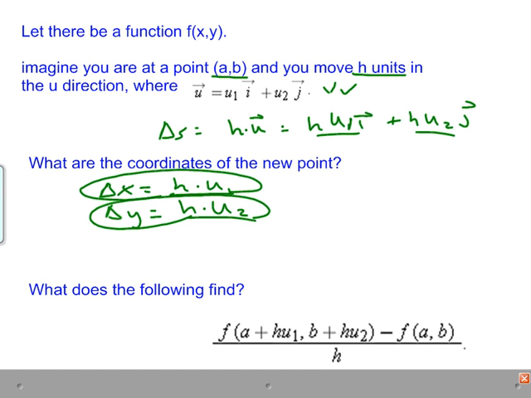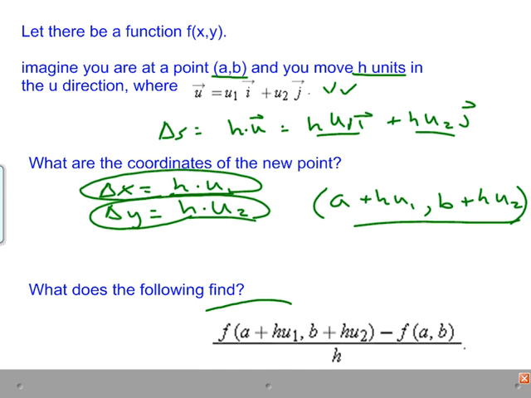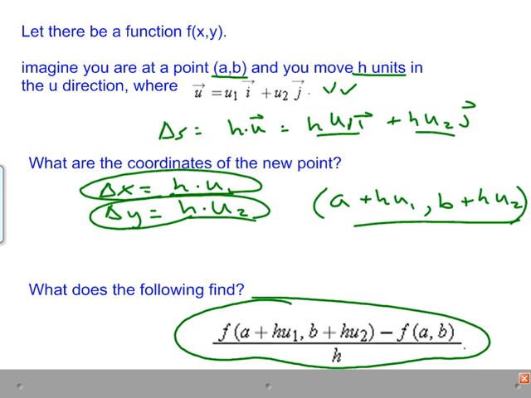Well, the coordinates of my new point then would be my original x value, a, plus hu1, comma, my original value, b, plus hu2. And so what I'm finding down here is just the change in z over the change in x, y.